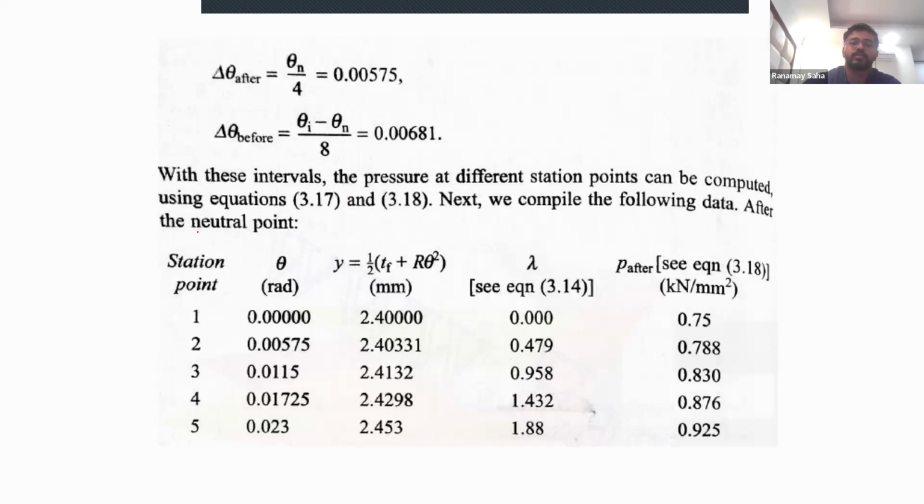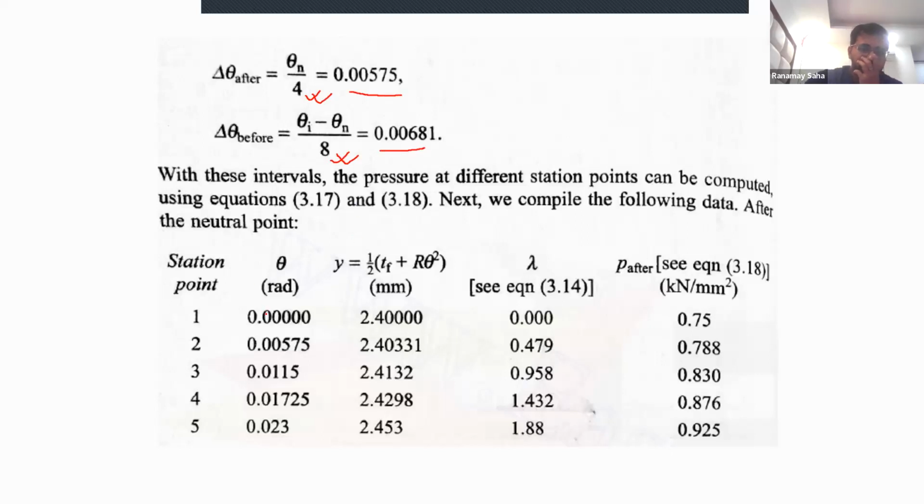Before the neutral point, let us take 8 segments of division, and after the neutral point, 4 segments. Each segment has a magnitude of 0.00681 before the neutral point and 0.00575 after the neutral point.